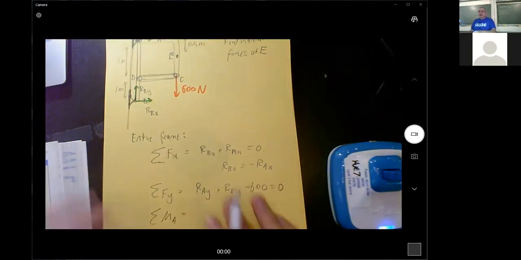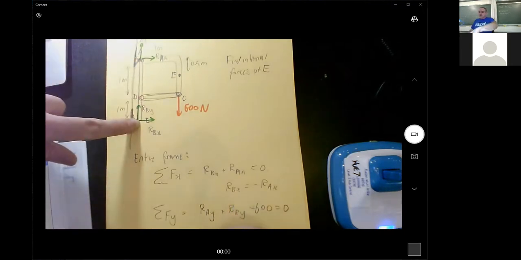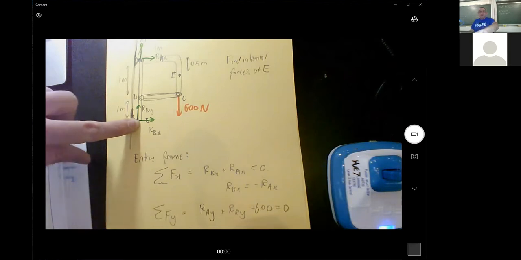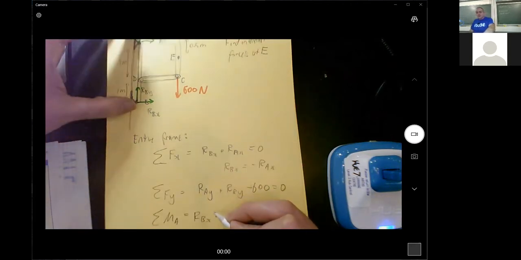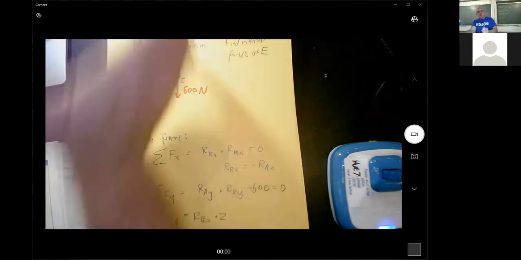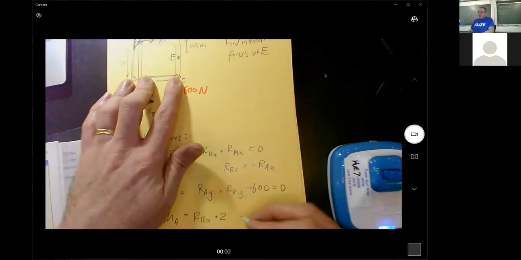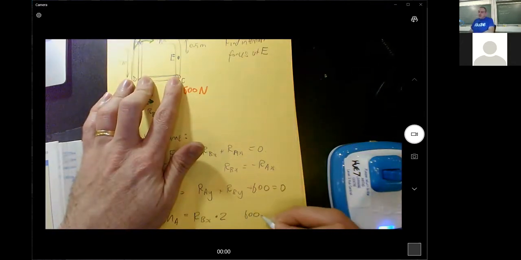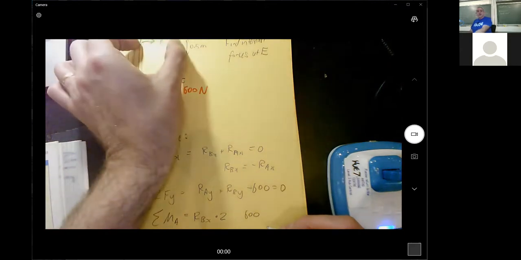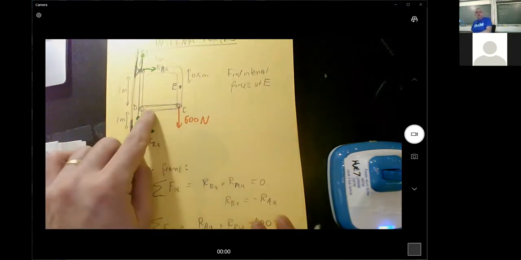So the moments around A, I've got the reaction force at B in the x direction times a distance of 2. And that's going this way, so that's positive. And I've got the 600 newtons at a distance of 1 away, because it's 1 perpendicular to the 600 newtons.